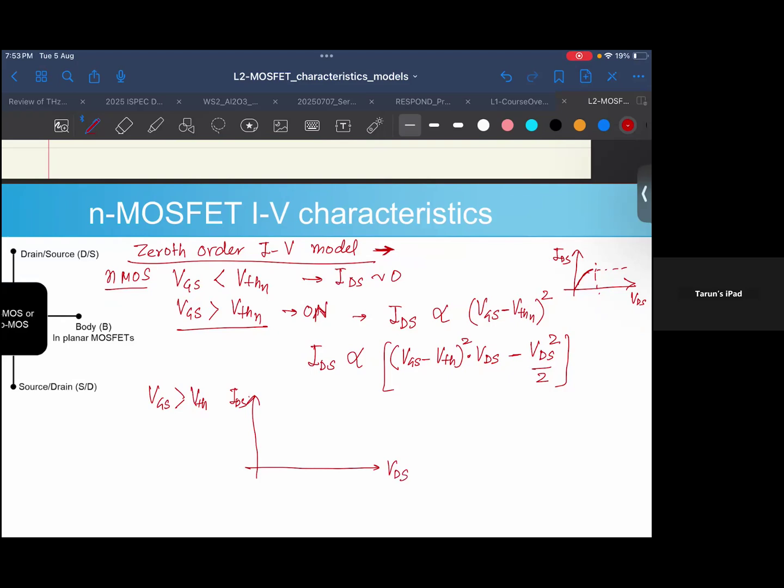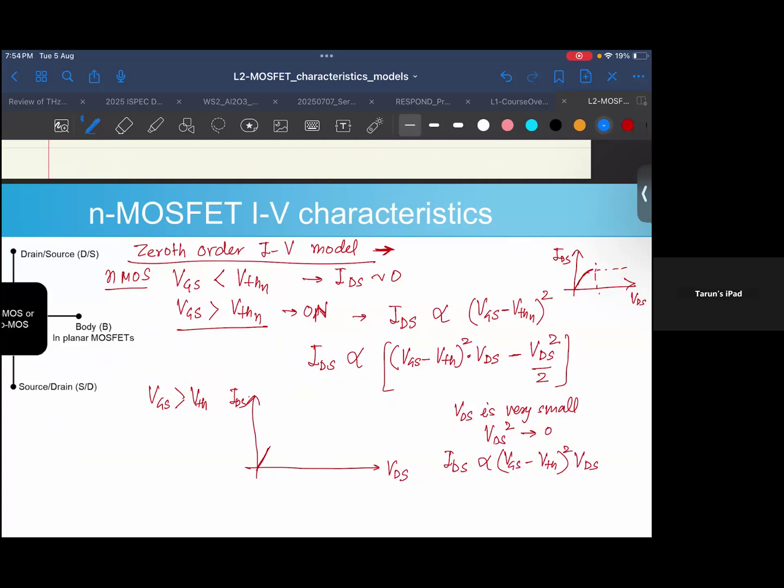When VDS is very small, you can see easily that the VDS square term would be very small, so it would go nearly to 0. Then your IDS, as we said, would be linear. Initially, it shows a linear behavior with VDS, right? So this is this part.